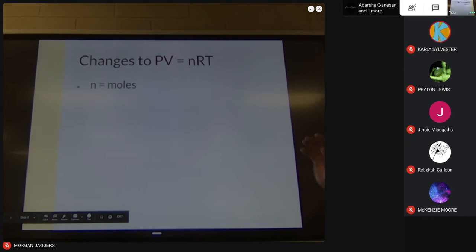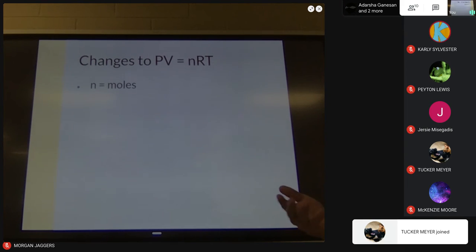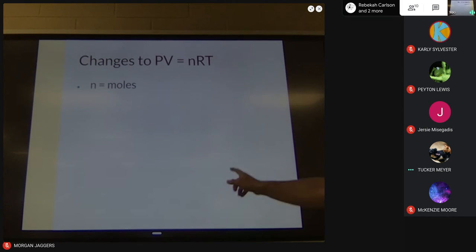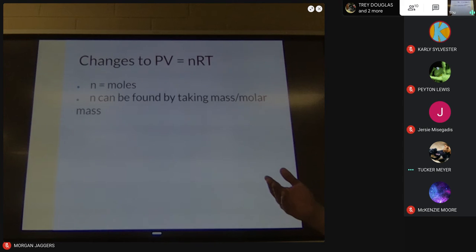So real quick review. N is moles. Back in the day when we learned how to calculate moles, and we used choo-choo tracks to do this, the idea is if you were given a mass and you wanted to convert to moles, you would literally just take the mass of the sample divided by the molar mass.